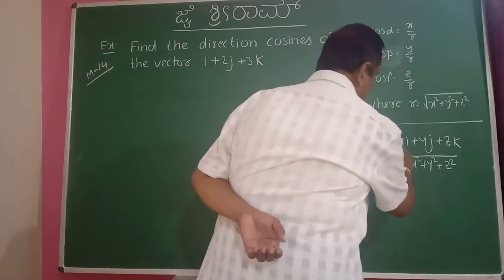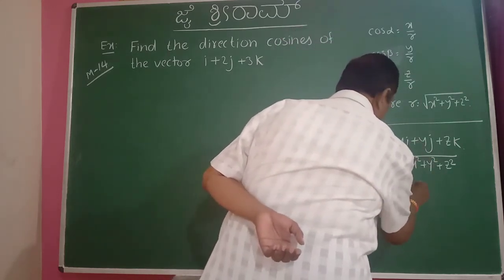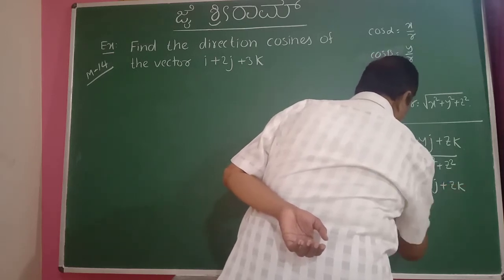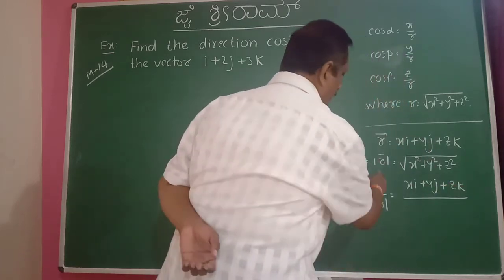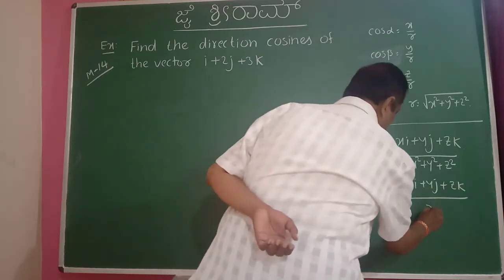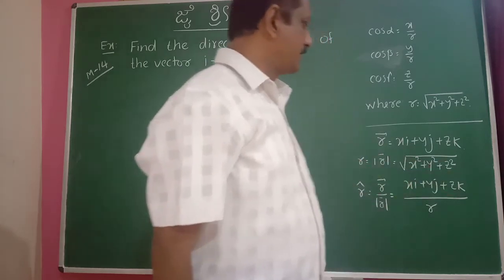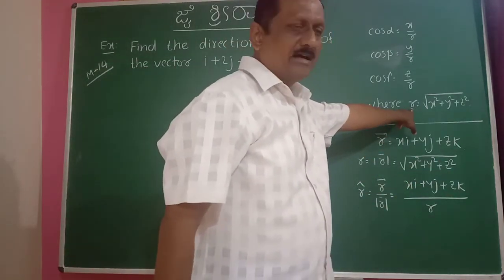That is x into i plus y into j plus z into k divided by the modulus of r bar, which is the same as r, where r is root of x squared plus y squared plus z squared.